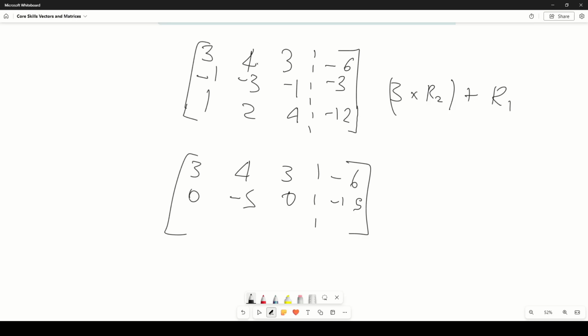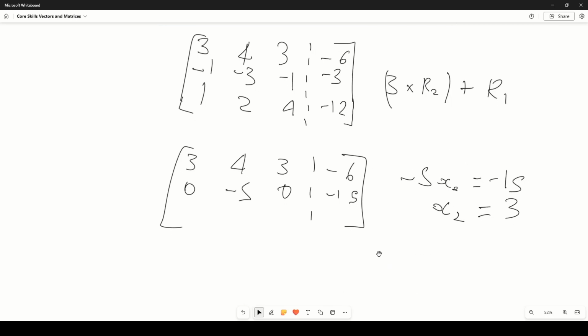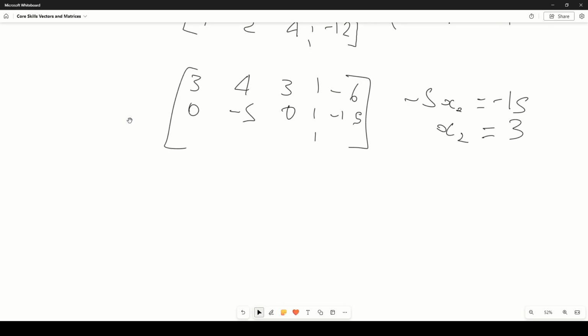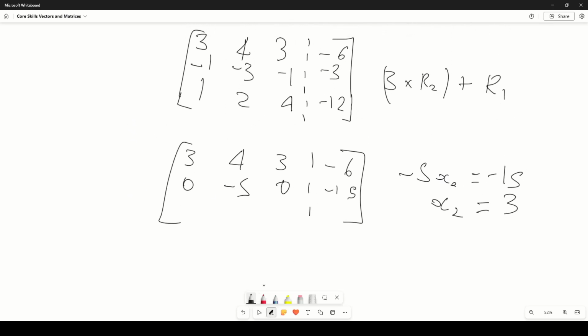Now, this is interesting. We've already solved that minus 5 of x2 equals minus 15. So we know that x2 actually equals 3. But we're going to keep going anyway with the working.